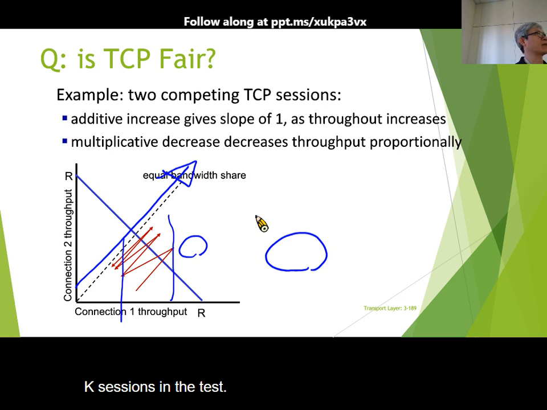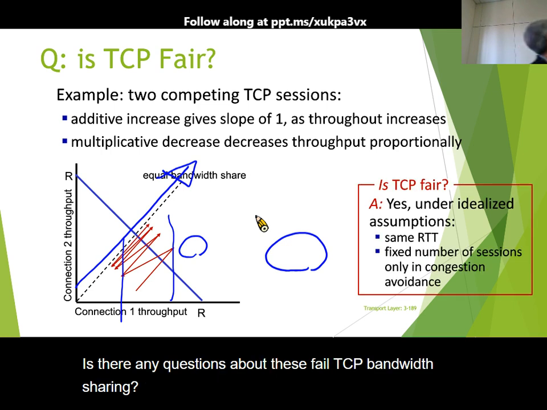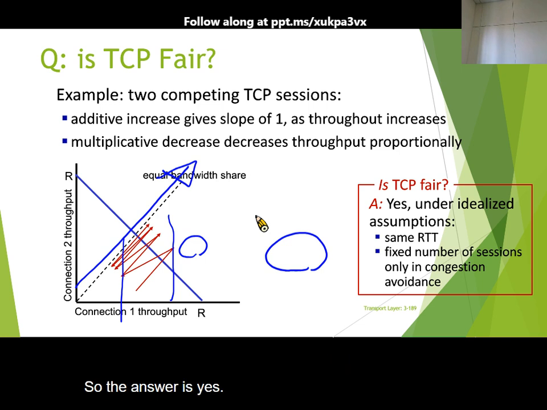Any questions about this? Fair TCP bandwidth sharing. So the answer is yes.